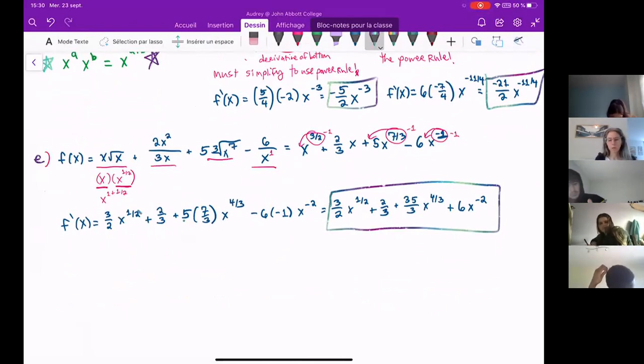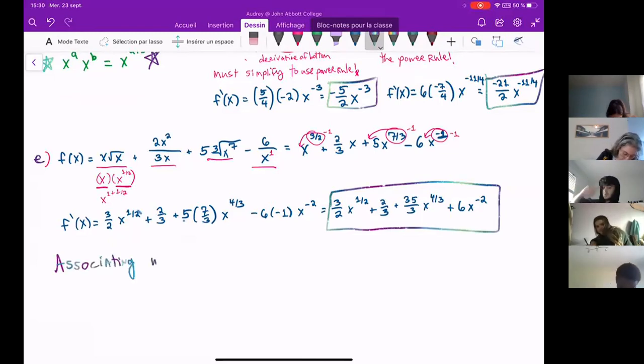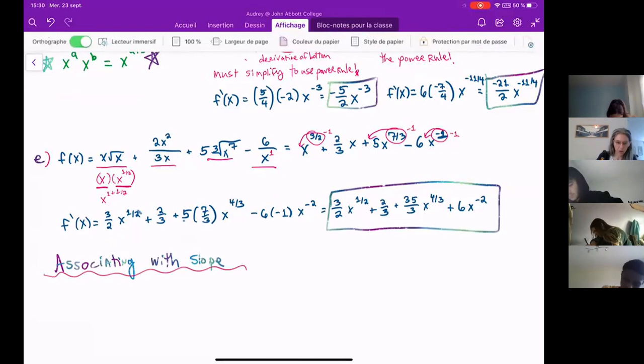Okay, so we're gonna add on to this a little bit. We're still just gonna be finding derivatives, but we're gonna really go back and associate it with slope now. And there are a few different types of questions I can ask here.